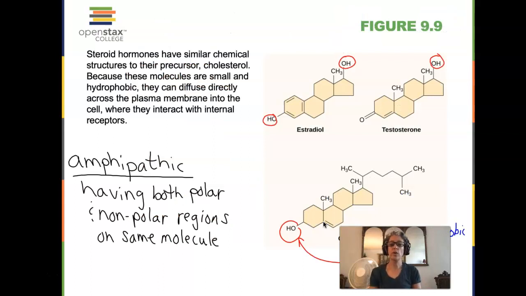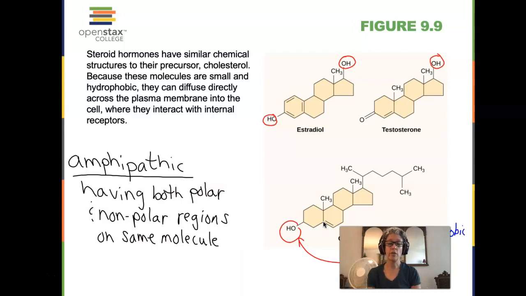We saw steroid hormones when we were looking at our macromolecules, and in particular our lipids. So steroid hormones are lipids. And this is a reminder that lipids are not polymers because there's not a single type of subunit that links to itself over and over again to build the large molecule.